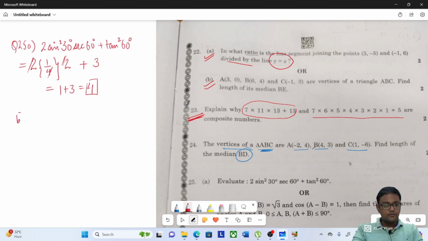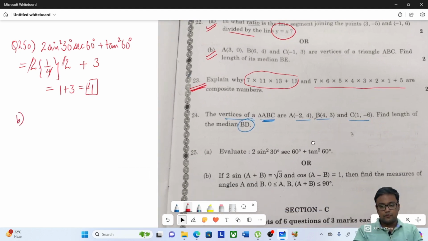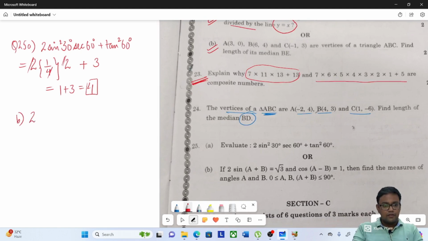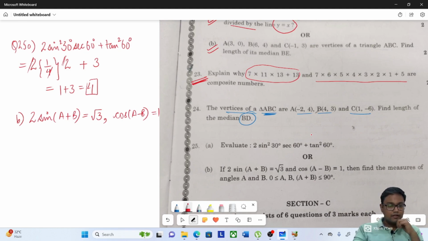The choice is, let me just move the page above. You are given that 2 sin A plus B is root 3 and cos A minus B is 1. Now you are supposed to find the measurement of A plus B and A minus B and A and B. So I can write the first expression as sin A plus B as root 3 by 2.